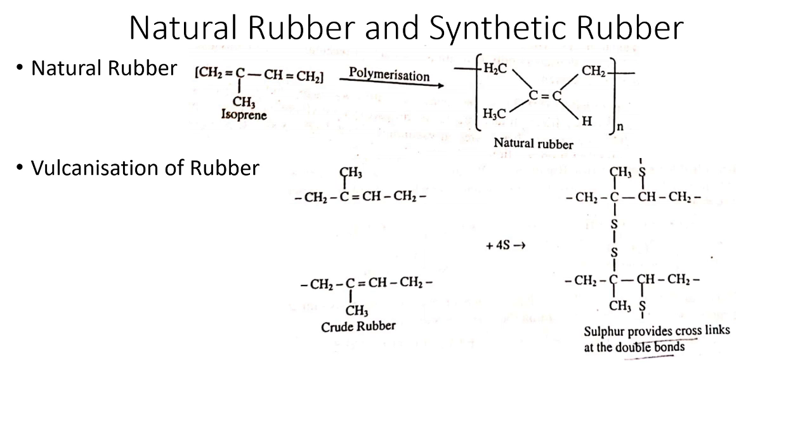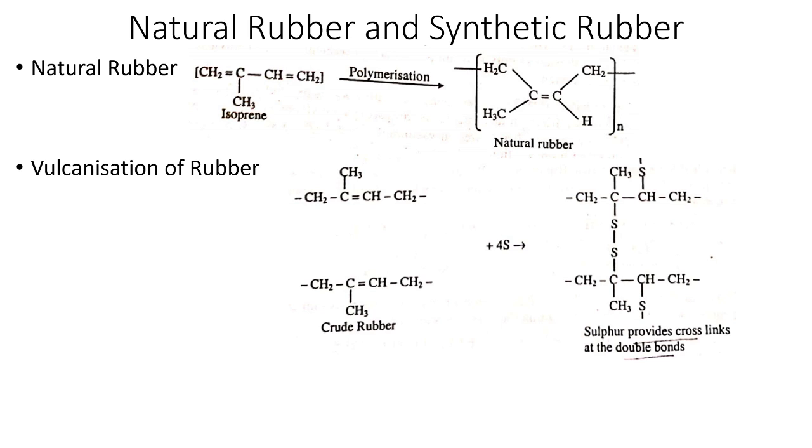Now this rubber is used to make tires, but the strength of tires can be increased by the vulcanization process. Now what is the vulcanization process? In this, sulfur and accelerators are added, like diphenylthiourea or 2-mercaptobenzothiazole or tetramethylthiuram disulfide.